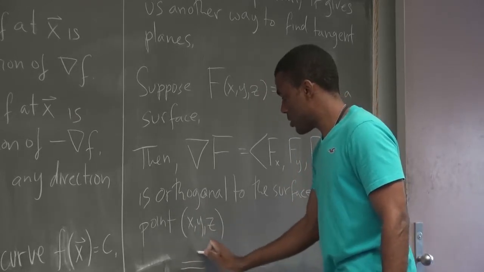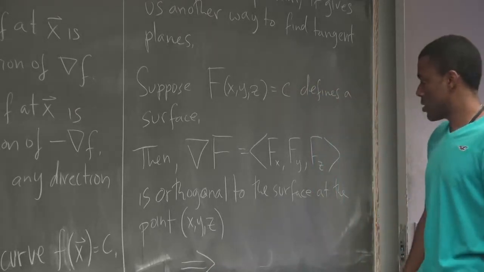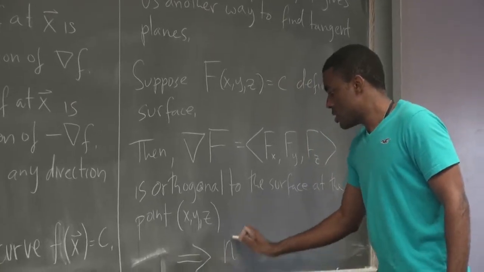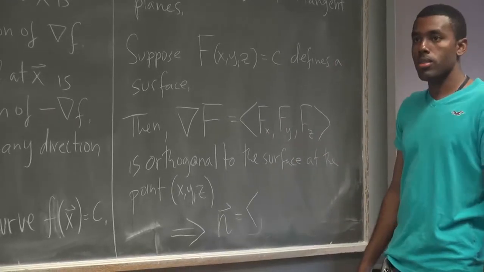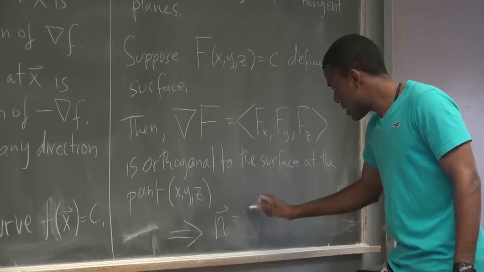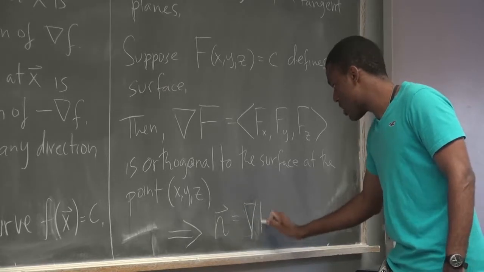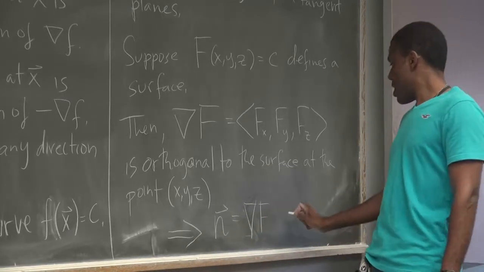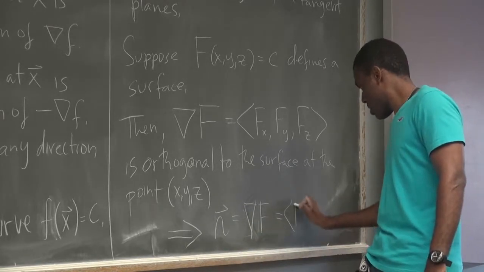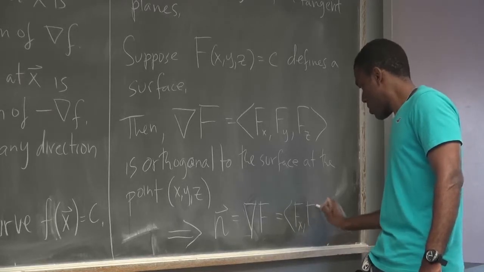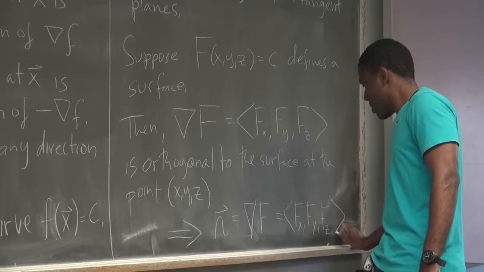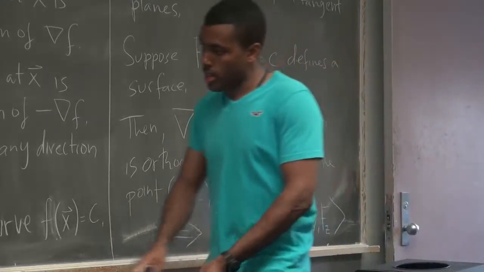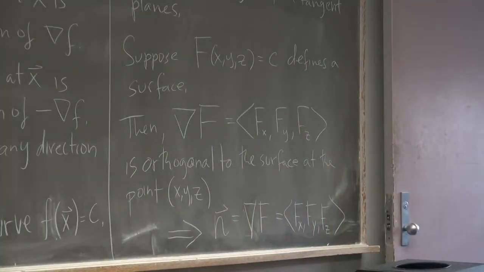This means the general formula for the normal vector, we can actually write it in terms of a gradient vector. You can take the normal vector to be equal to the gradient vector, evaluated at the point you're looking at. And that yields the following formula.